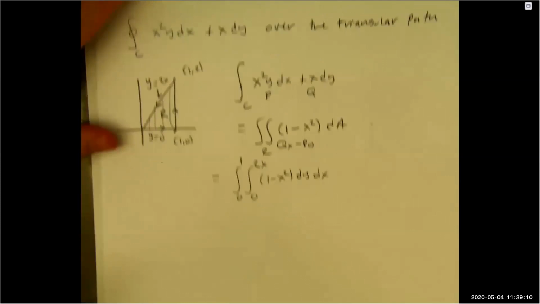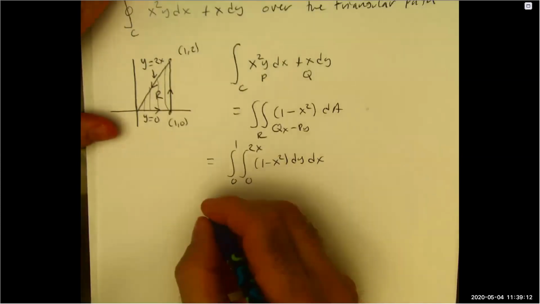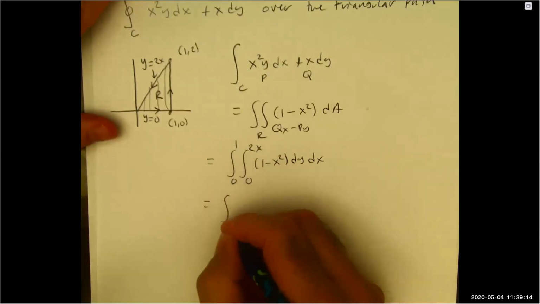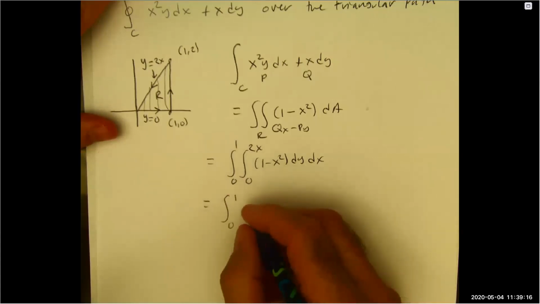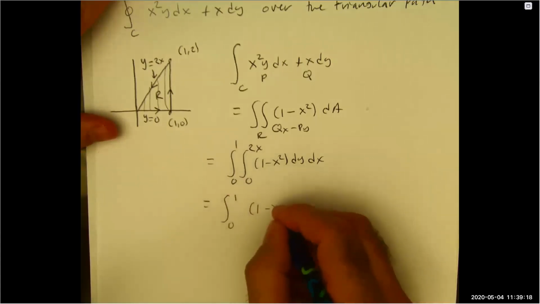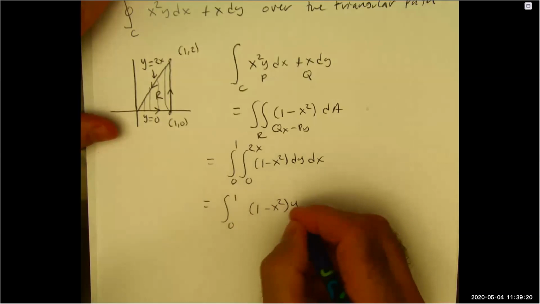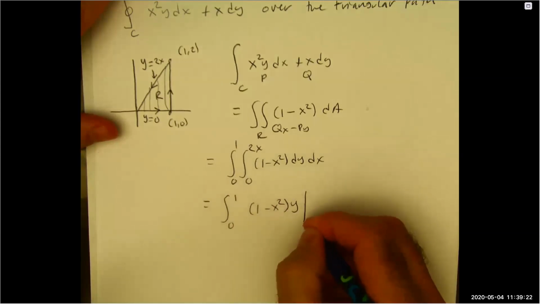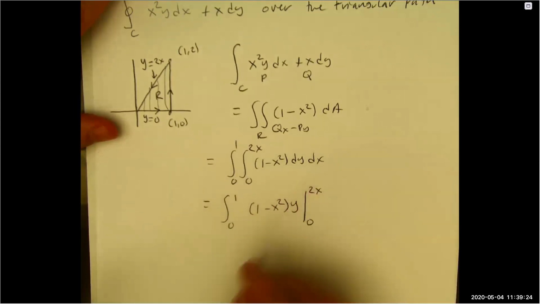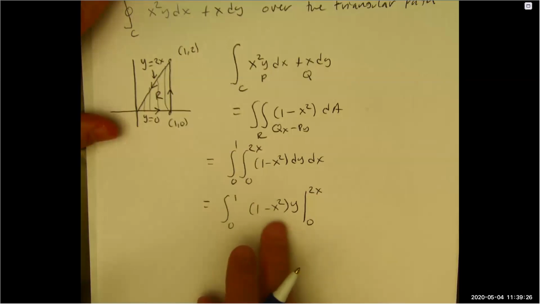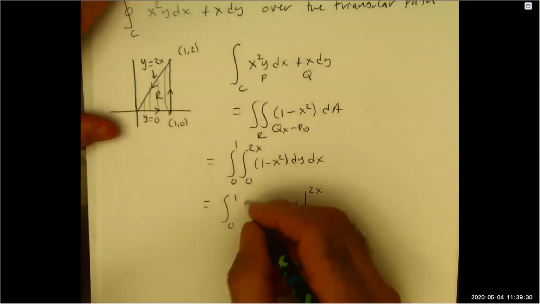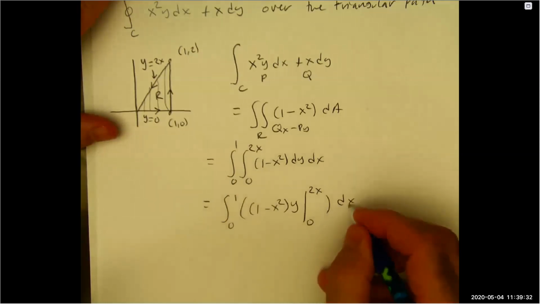We'll have the integral from 0 to 1, and then 1 minus x squared, that's a constant with respect to y, because we're integrating with respect to y, times y from 0 to 2x. And then we're going to integrate that with respect to x.